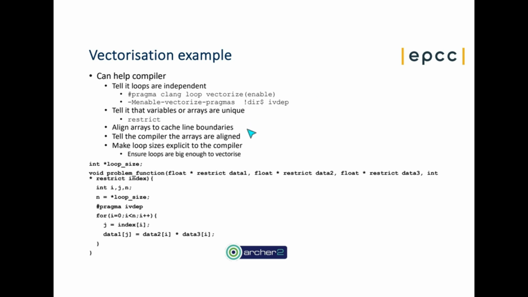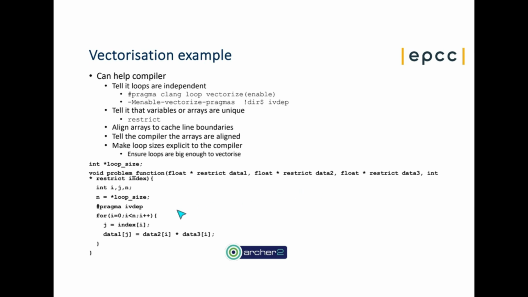Get your arrays aligned to cache line boundaries. Tell the compilers your arrays are aligned if it can't work it out, and try to make loop sizes explicit. If the compiler can see the loop length, then that can be helpful.